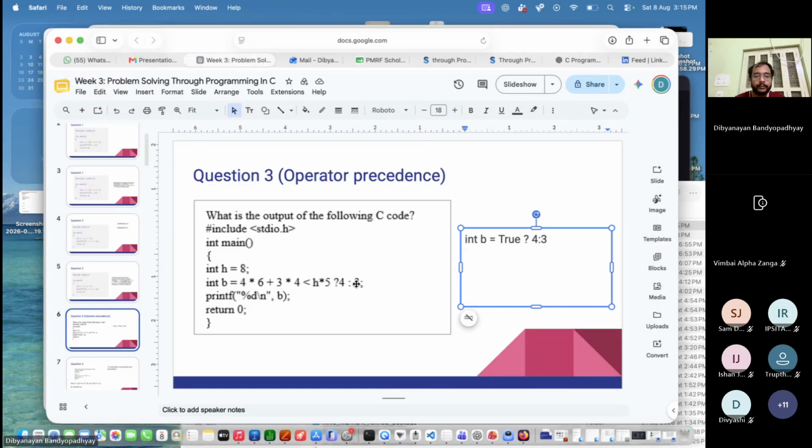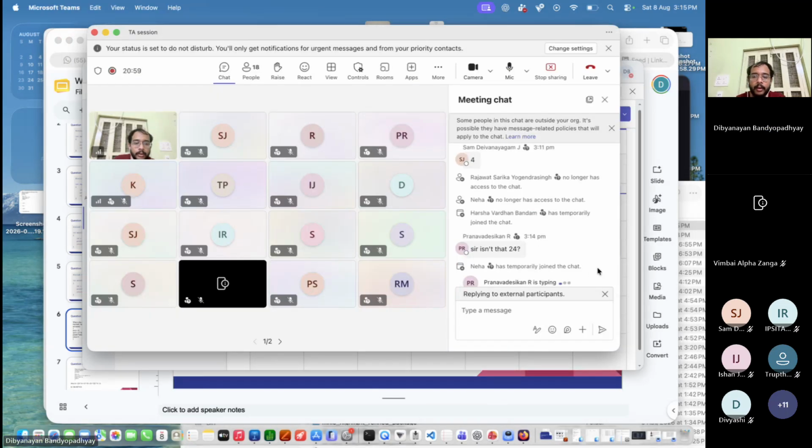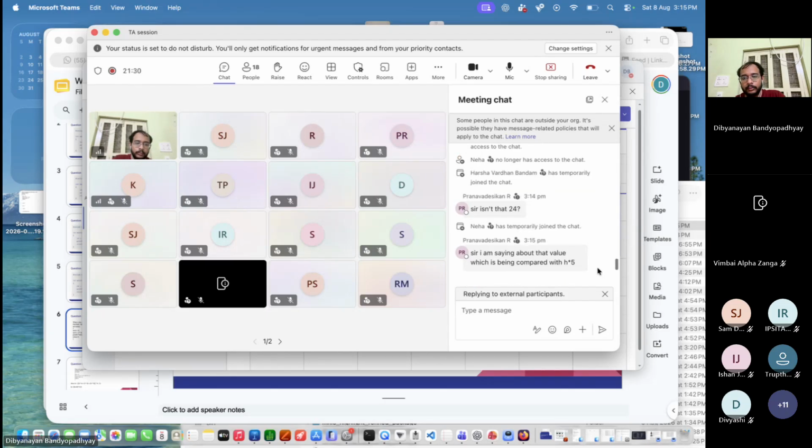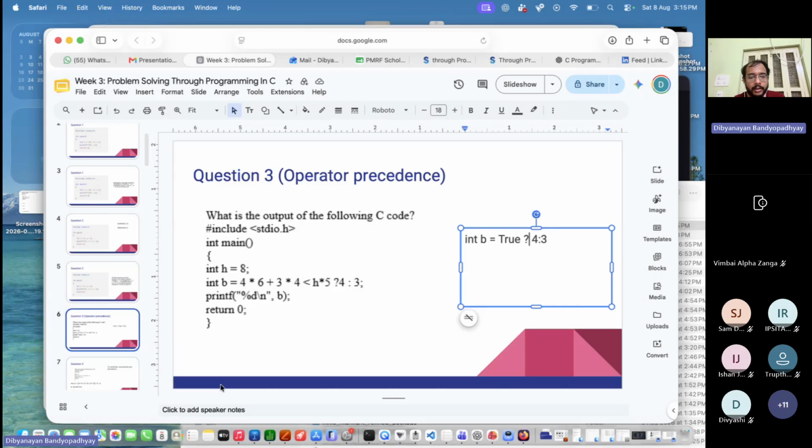So why do you think it is 24? I'm saying about that value which is being compared with h into 5. Okay, let me check it again.